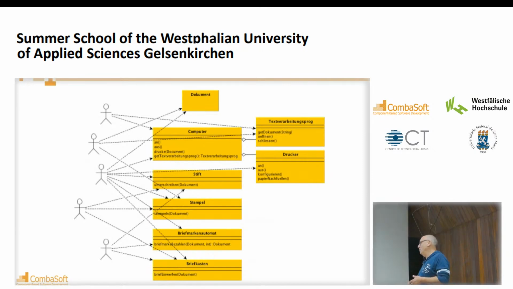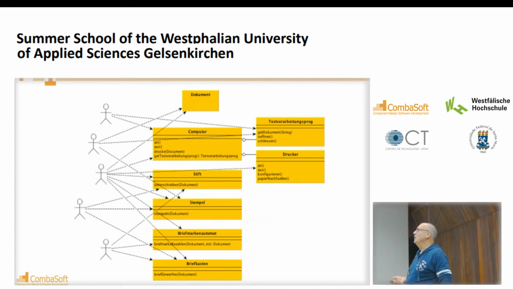They have to bring it to the post box. They have to use a text program and they have to print it. So you see a lot of interactions with all of these classes.